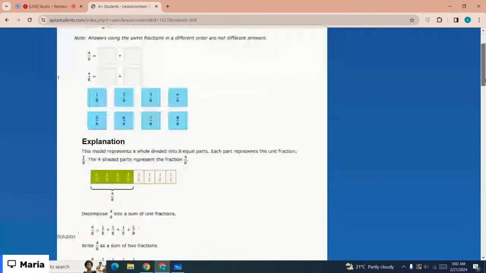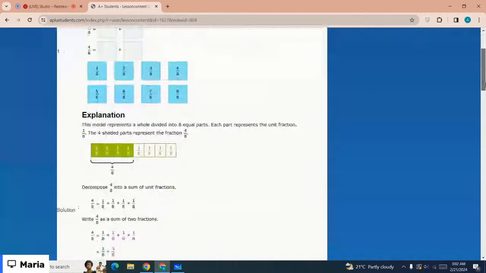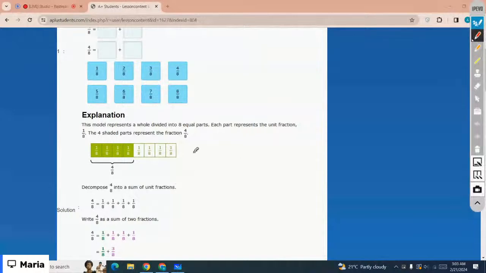Basically, we know that we can make 4 by 8 as 1 over 8. Okay, the denominator is same for all the fractions.